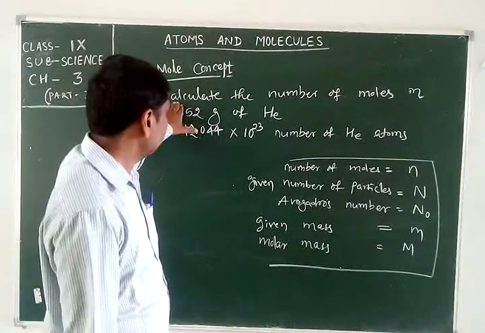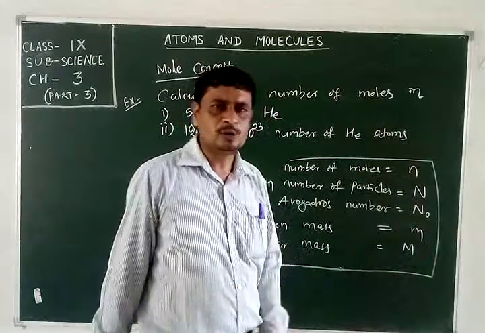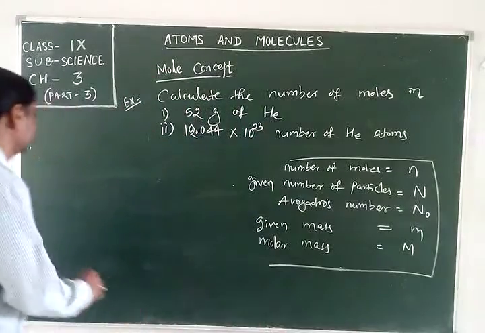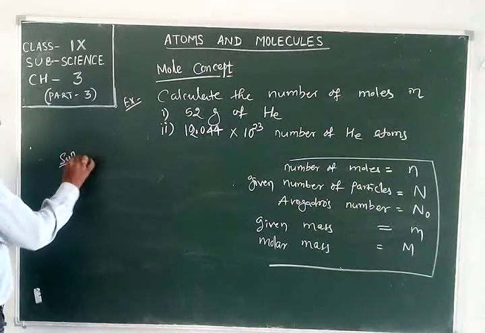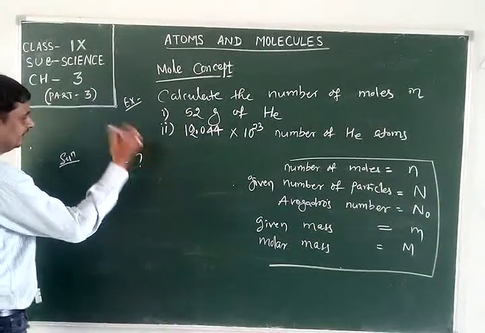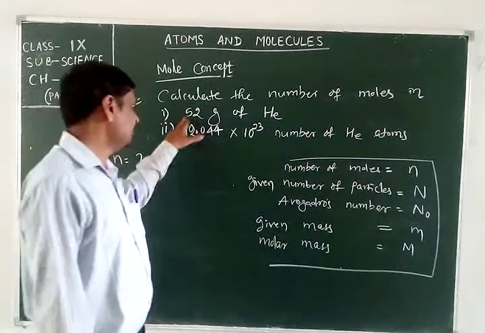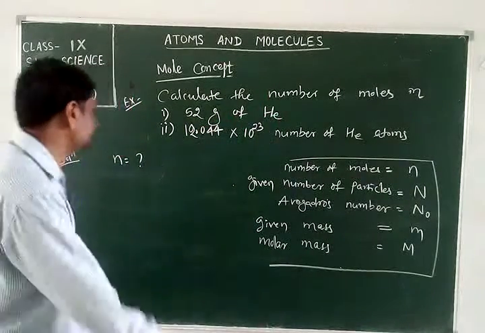Here in this question, we have to calculate the number of moles. We have to find n, where it is given 52 gram of helium.